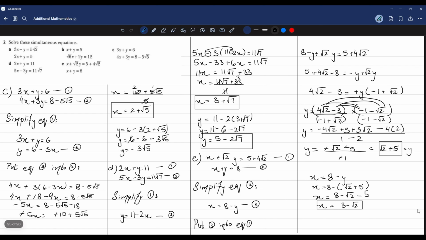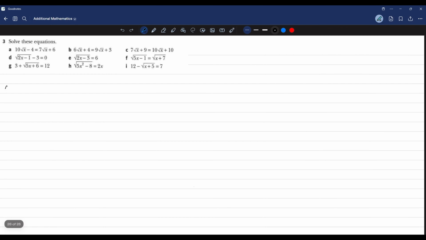And that's it for question number 2. Proceeding on to question number 3. For question number 3, what we are going to do is first of all copy down the question. 10 under root x minus 4 is equal to 7 under root x plus 6. And as you can notice, there's not much of a difference in the type of questions, just a difference in the format.